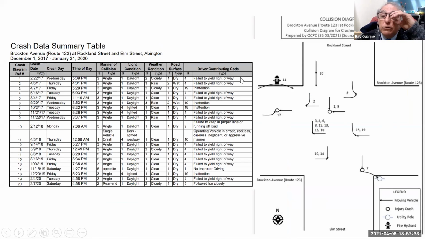Most of the crashes, as you can see from our collision diagram, are angle type, and there's a lot of crashes involving vehicles going straight through from Rockland to Elm and colliding with vehicles that are headed towards Brockton in the westbound direction. 20 crashes in the 4 years of data that we had.